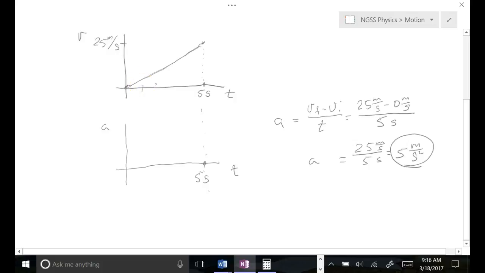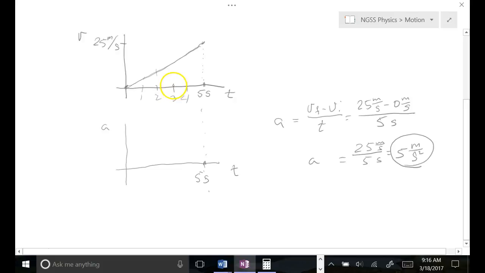that if I were to observe this from 1, 2, 3, 4, and finally 5 seconds, what I would notice is that after 1 second, I would be at 5 meters per second. After 2 seconds, I would add another 5 and be at 10 meters per second.